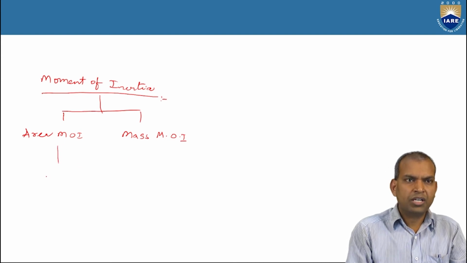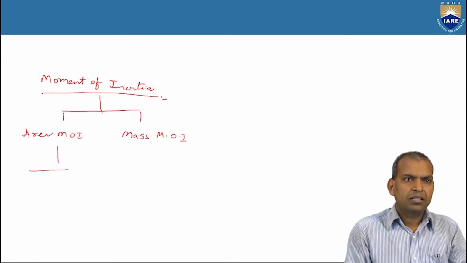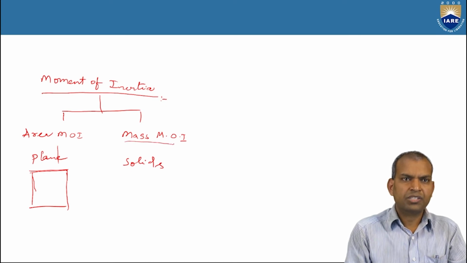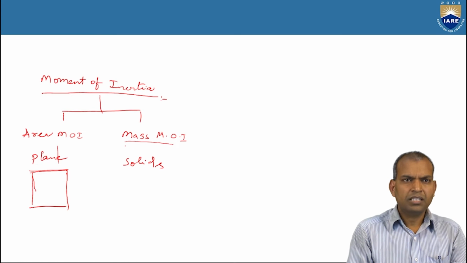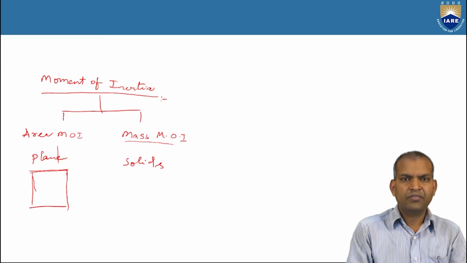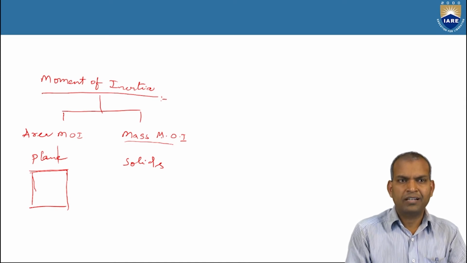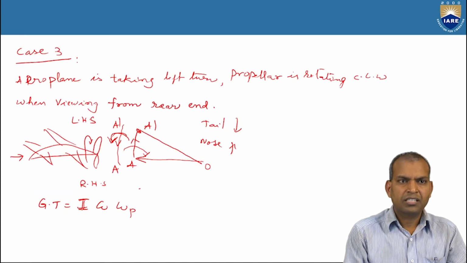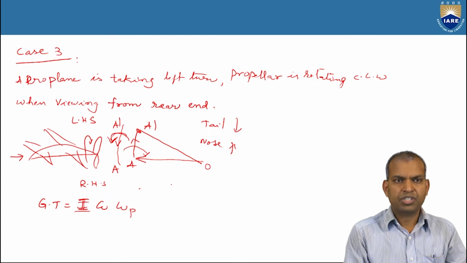Area moment of inertia relates to plane geometry, such as rectangular planes, squares, circular planes. Mass moment of inertia is for solid geometry, solids, so we have to use mass moment of inertia. Here in the gyroscope, why have we used mass moment of inertia? Because we are dealing with solid bodies. That is a propeller, and a propeller is not a plane. For that, we are using mass moment of inertia.